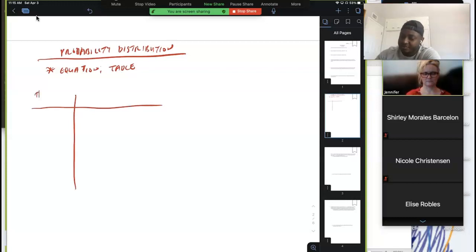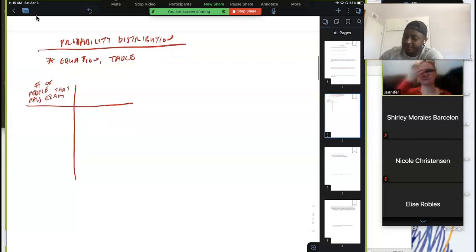this is the number of, let's say, number of people that pass an exam. We'll say exam one. So I'm going to use a table to start off. You'll have the number of people here. So we have 0, 1, 2, 3, 4.